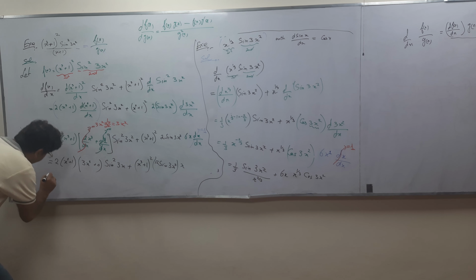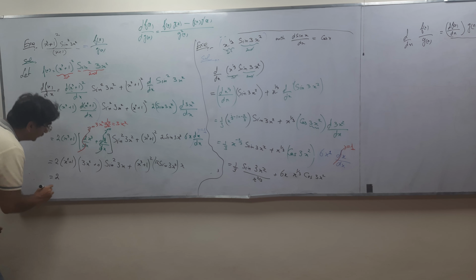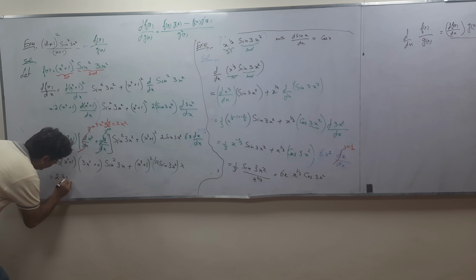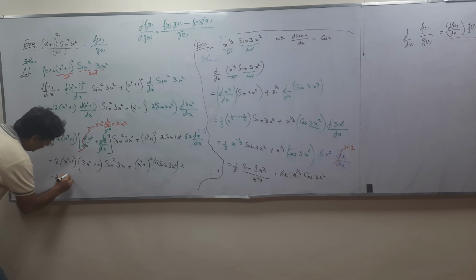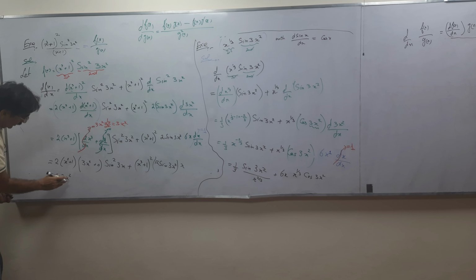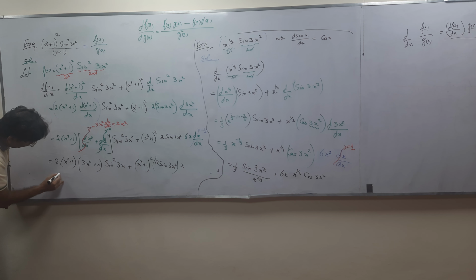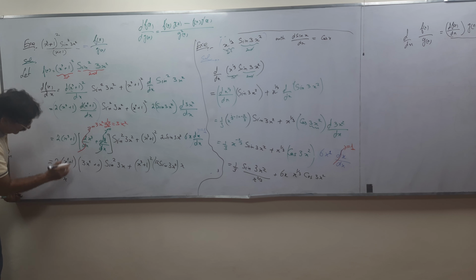Or you may say that this will be a 2, 3x square. This will be 2 multiplied by 3, 6x, 3 plus.